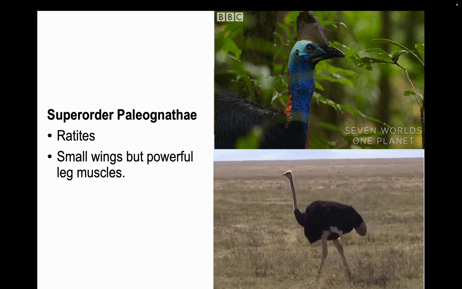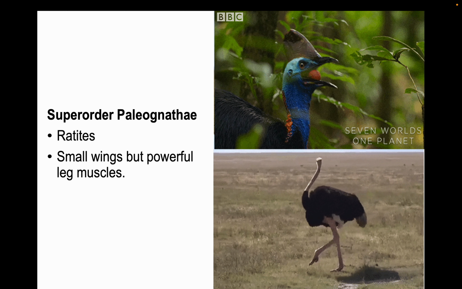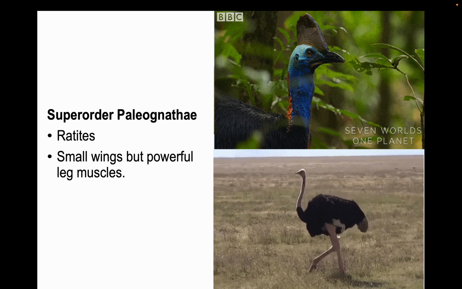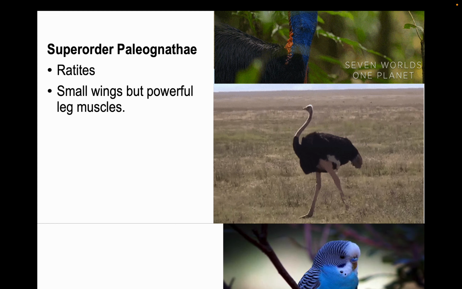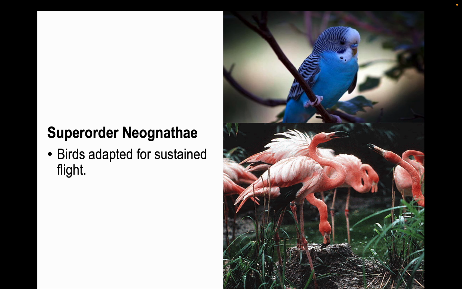And if I am not mistaken, this animal here, the colored bird, is a cassowary. Okay. Then we have the neognathae, the birds that are now adapted for sustained flight. So flight as part of their lifestyle is no longer confined to short periods. So under neognathae are birds that have very strong flight muscles.